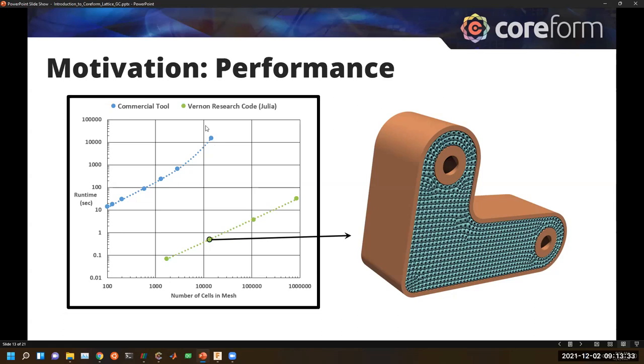In my original research code, which I wrote in Julia, just some of the inherent benefits of having this compliant mesh, and we'll talk about where we get this from, I was able to use finite element code principles, and as you can see, I was able to get 4 or 5 orders of magnitude speed ups in being able to create these lattice structures, even when I would create them with a traditional rectilinear layout. So performance was a big thing as well.